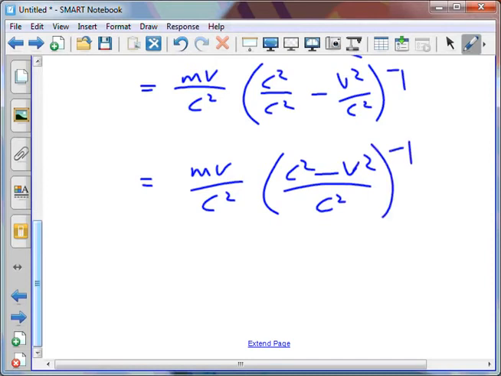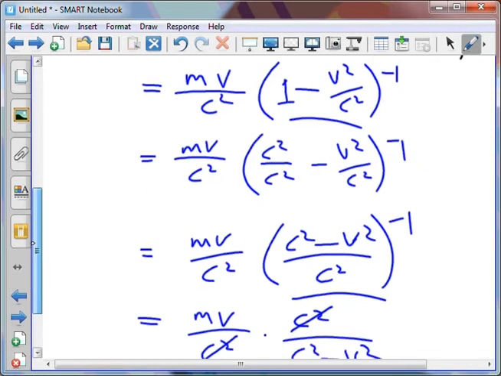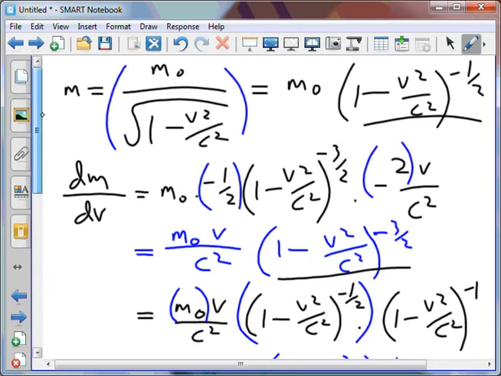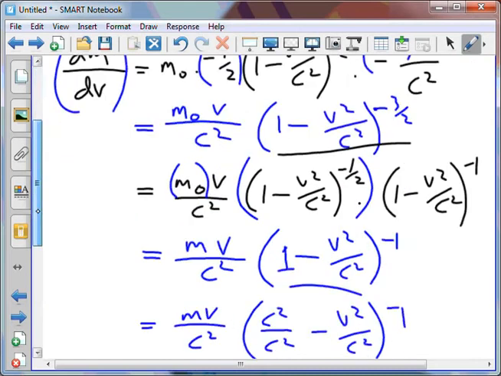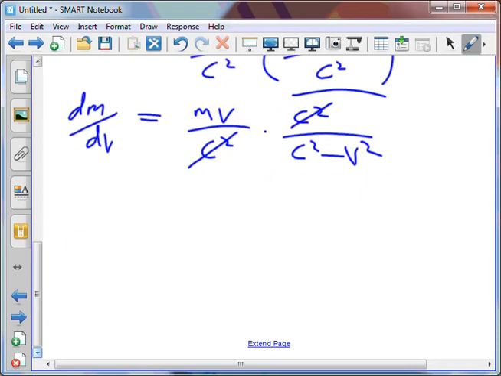I could get the reciprocal of this and multiply. It would look something like this. And in effect, this would cancel out with this, all equaling dm/dv.